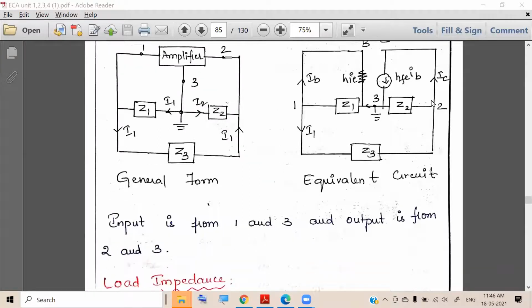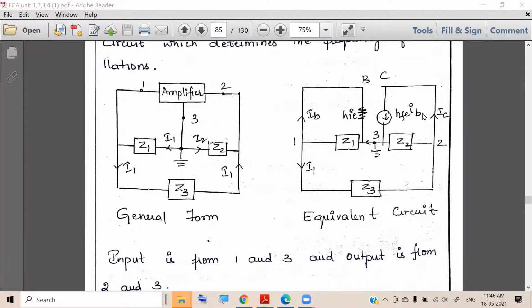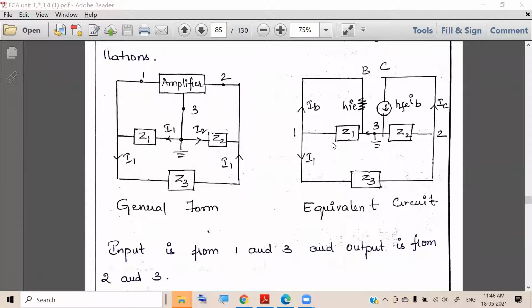So first, what we will do is, let us try to simplify or represent this circuit in terms of simpler components. First of all, here we can observe Z1 and HIE. Are they in series or in parallel?